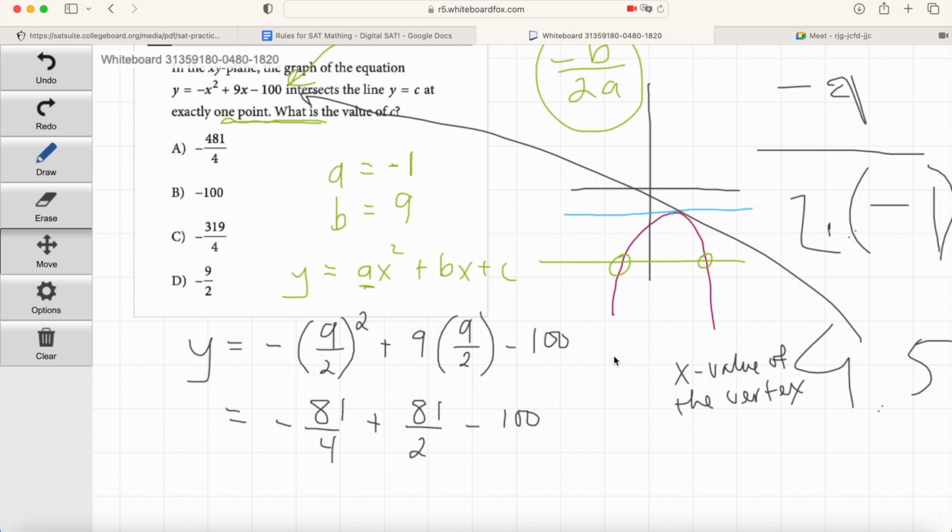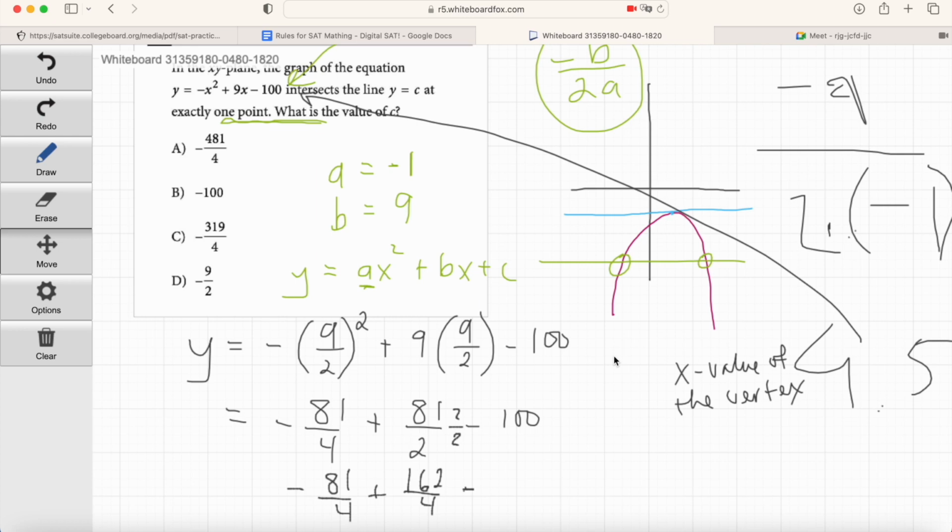So I'm going to turn 81 over 2 into 162 over 4 by multiplying by 2 over 2, minus 81 over 4, minus 100. And then I'm going to express 100 with a 4 in the denominator as well.